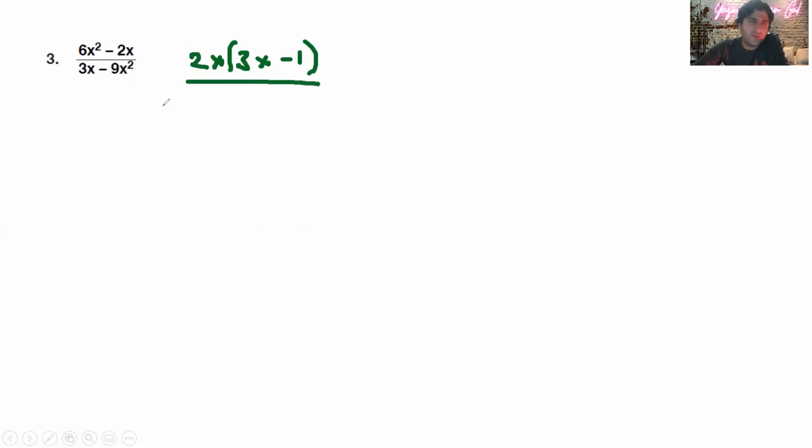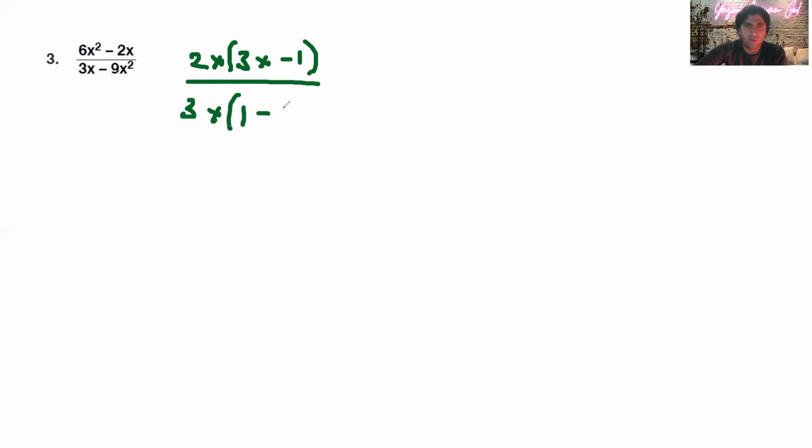At the bottom, what's happening here? Let's see, 3x minus 9x squared. If I say here, okay, let's see what we can do here. Okay, let's say 3x. 3x times what will be x, then this is going to be 1 minus... 3x times what will be 9x squared.